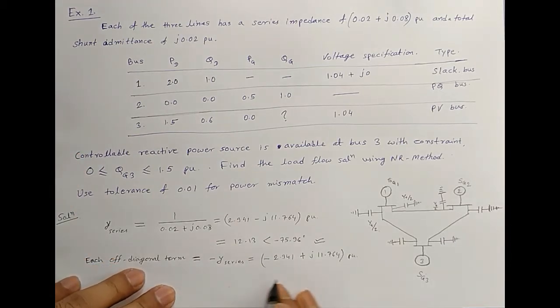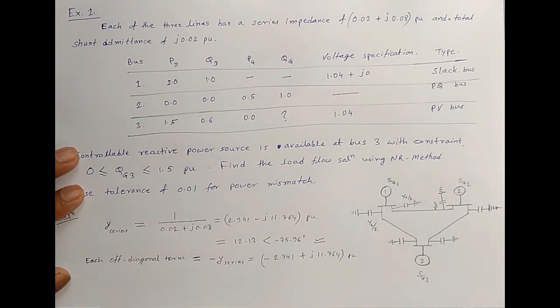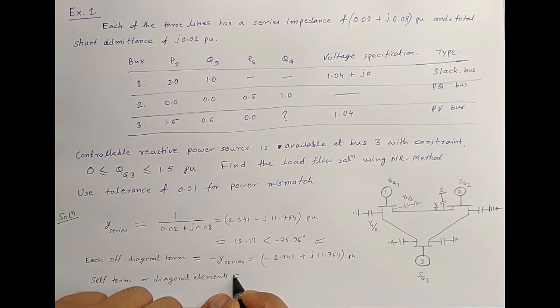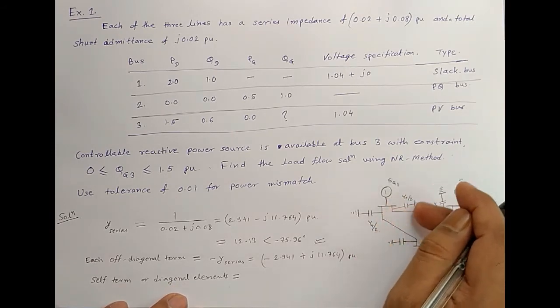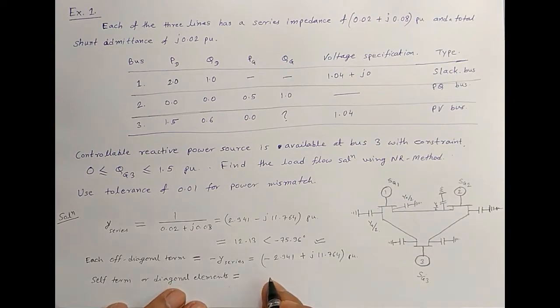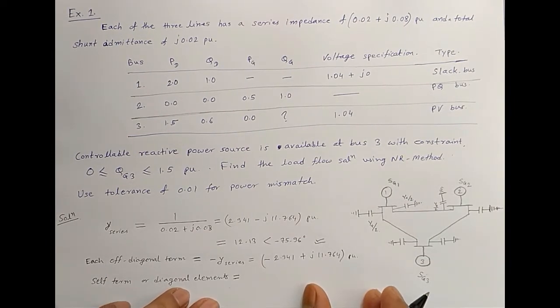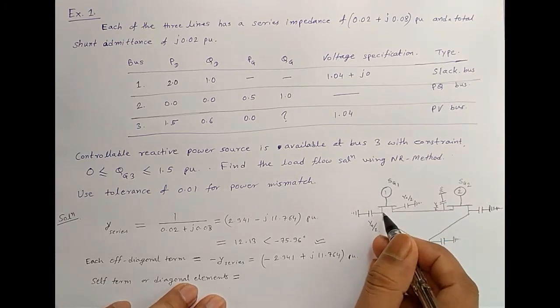Now the self terms, or the diagonal elements of the Y bus matrix, will be the admittance of that line plus this one, connected to the whole system.